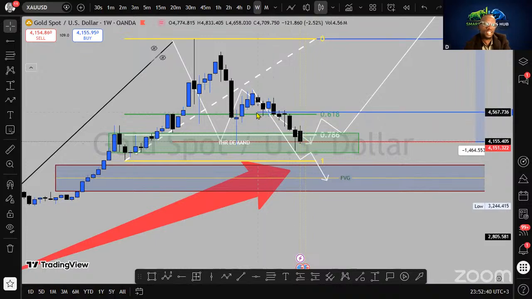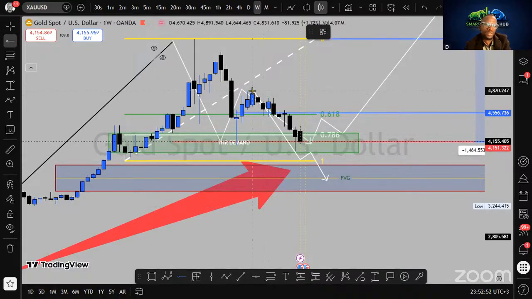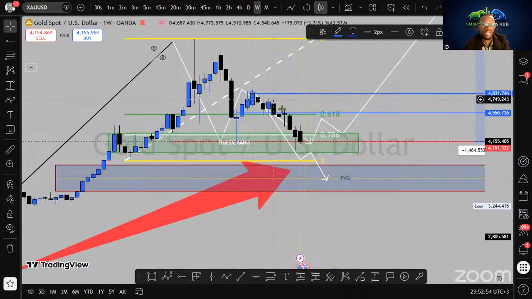I'm seeing a very strong previous 618, previous structure level around 45.56. Another level we want to take our profit is 48.31. It's another nice psychological area because it was a previous fair value gap which was invalidated.